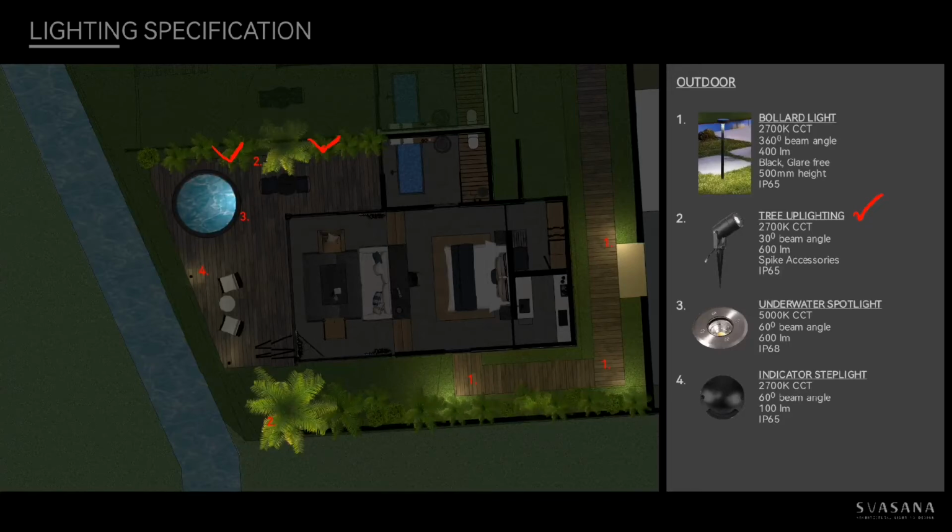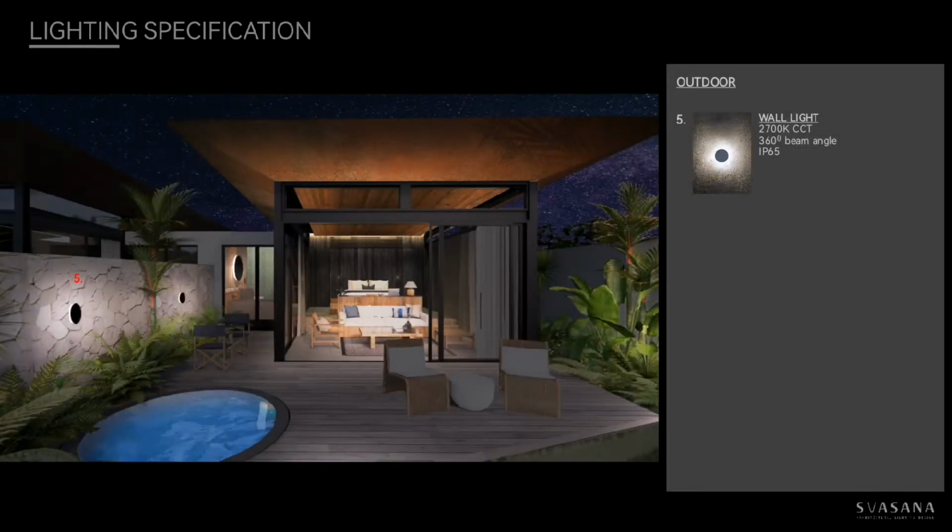Or the next option with the wall light, this one with the accent in the wall light, this is how the luminaire looks like. So it's like a dot with the backlit effect. So it's similar effect with the mirror light on the bathroom, and it will enhance the texture of the wall, of course.